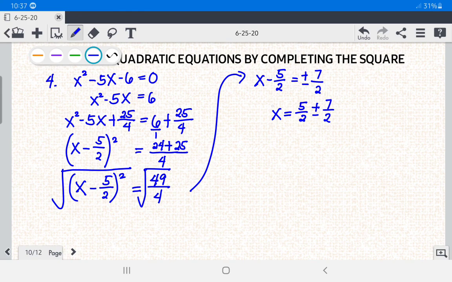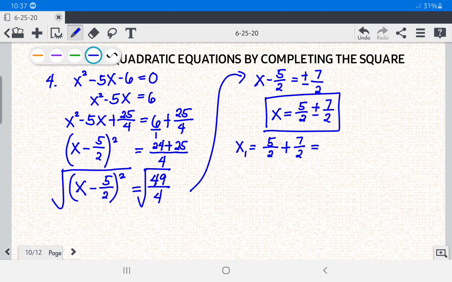So let us solve for the solutions. For x sub 1, we have positive 5 over 2 plus 7 over 2. 5 plus 7 is 12, divided by 2 is 6. So this is the first solution. For the next solution, x sub 2, we have 5 over 2 minus 7 over 2.